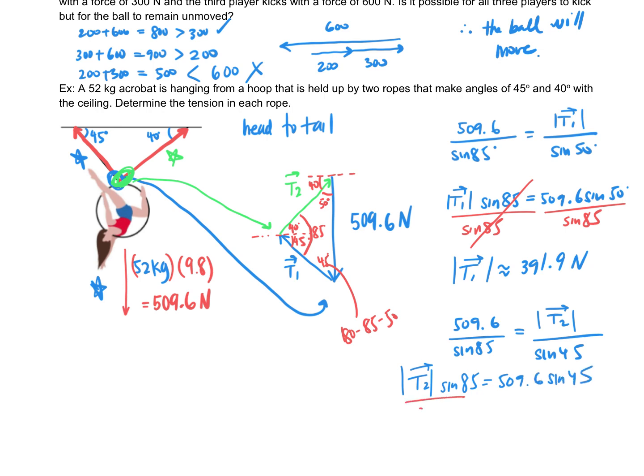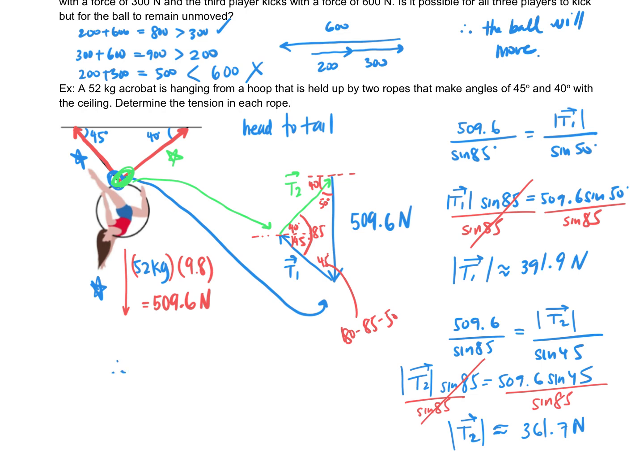And we'll divide out that sine 85 to cancel it out here. And now, if we go to our calculator, the tension in the second rope will be approximately 361.7 newtons.